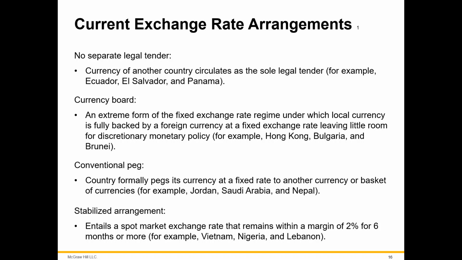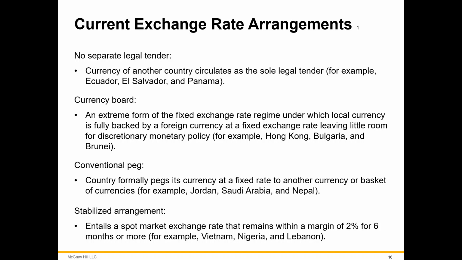But again, the goal of the peg is through transactions to maintain a stable exchange rate. So that's a peg. And if you look at an exchange rate graph of a peg, and we'll look at some, you can see it's basically a line, right? Less fixed than a peg is a stabilized arrangement, where you have some amount of float.